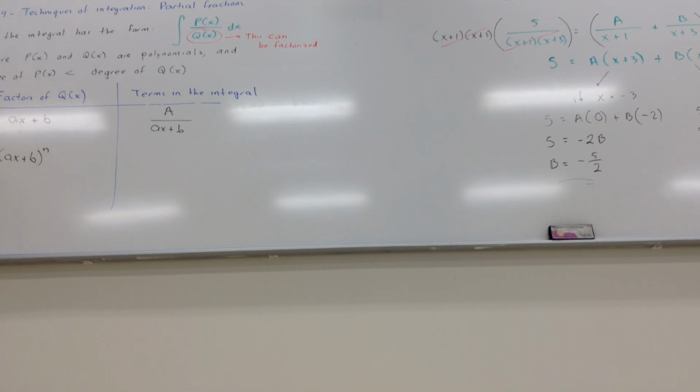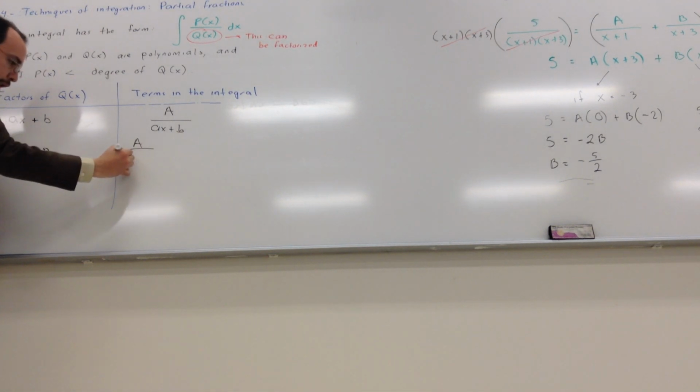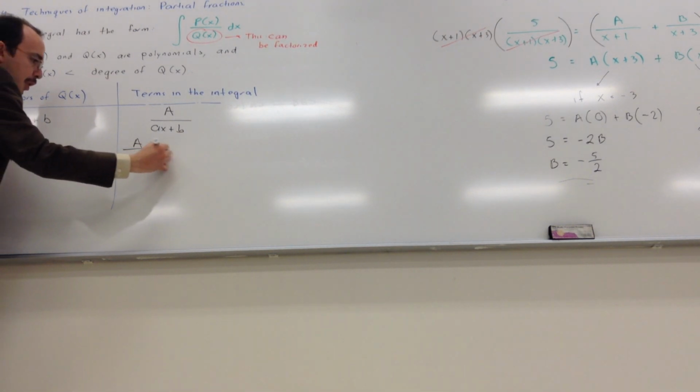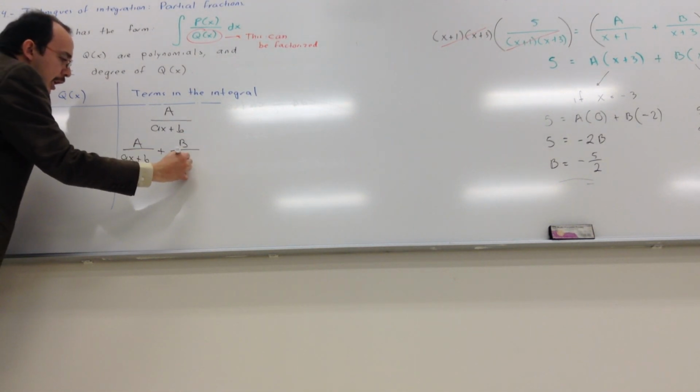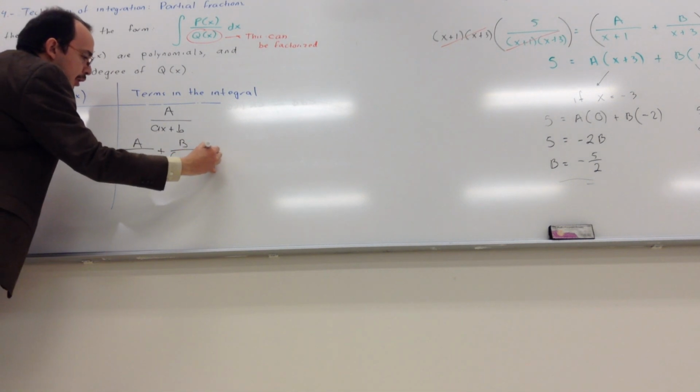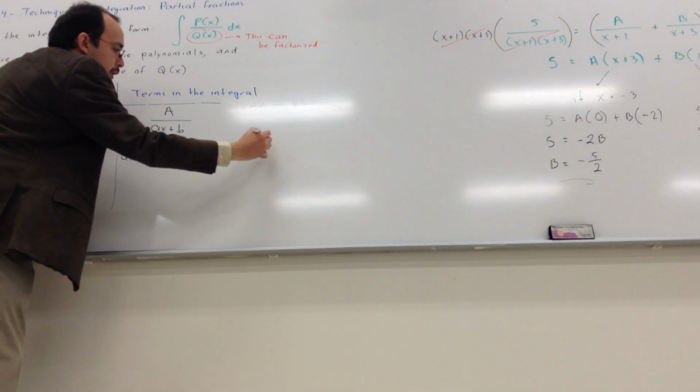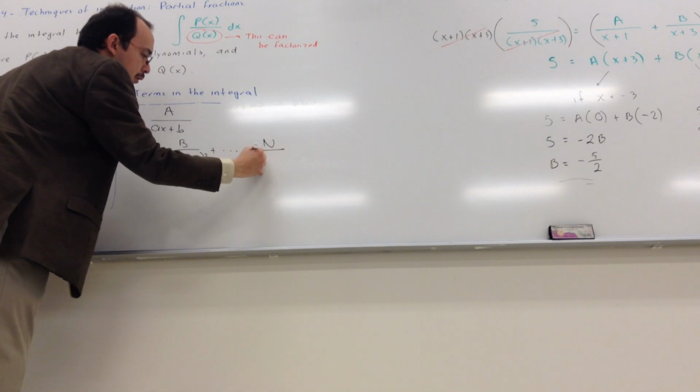Something like that. If that happens, it's almost the same as this, but for every single factor, you're going to apply a coefficient. So it will be a over ax plus b plus b over ax plus b to the square, and so on, until you have the last one.